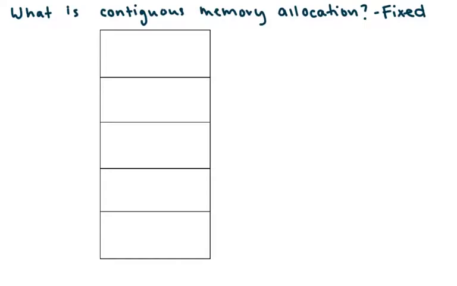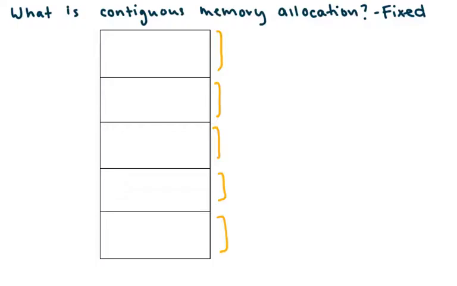So first off, what's contiguous memory allocation? There are two different ways that you can do it. You can use a fixed partitioning scheme where the partitions are a fixed size. However, they don't all have to be the same size.